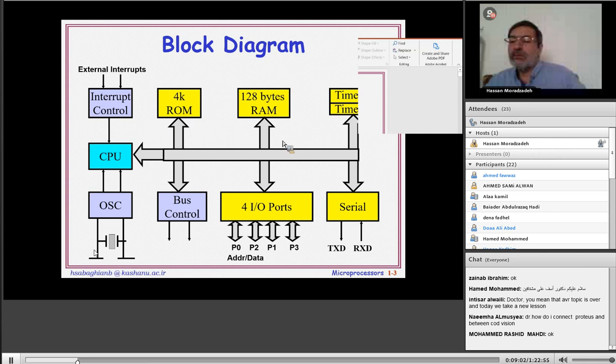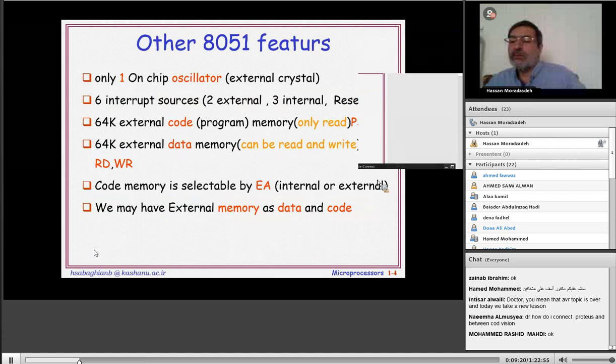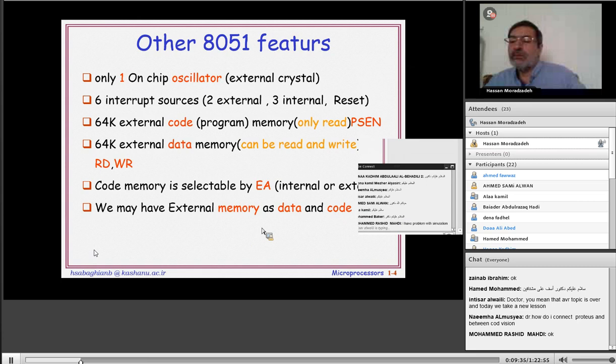In this microcontroller we have one on-chip oscillator and 6 interrupt sources: two of them external, three internal, and reset as a source of interrupt. 64 kilobytes of external code or program memory handling can be activated by PSEN, program store enable. 64 kilobytes of external data memory or RAM can be activated by read or write.